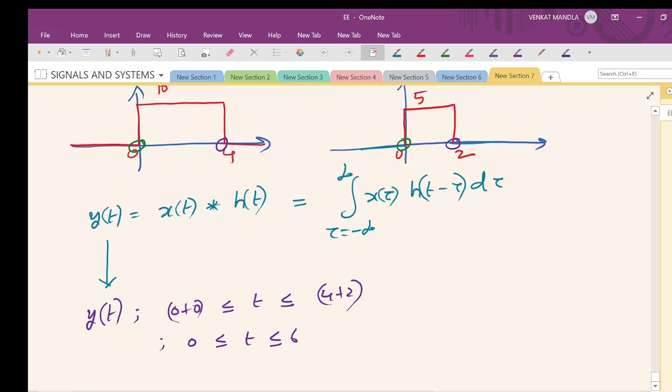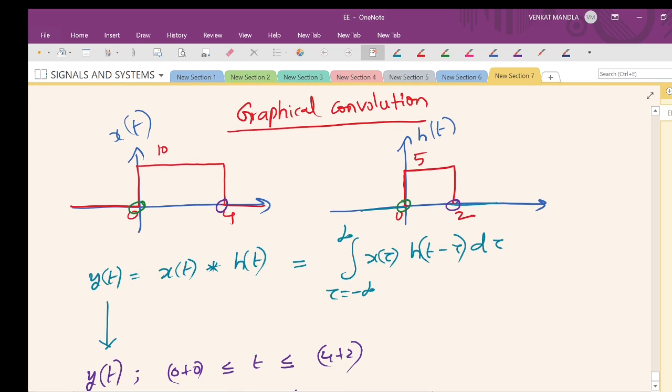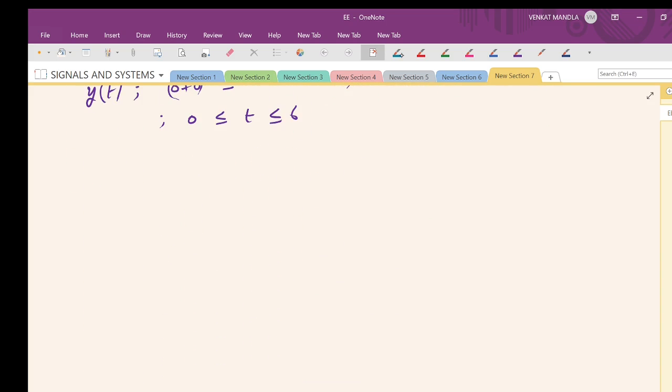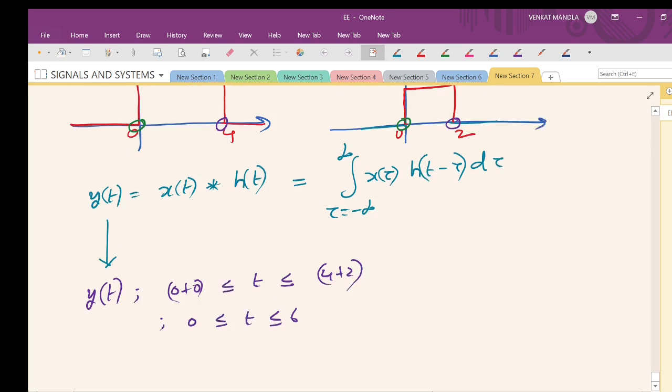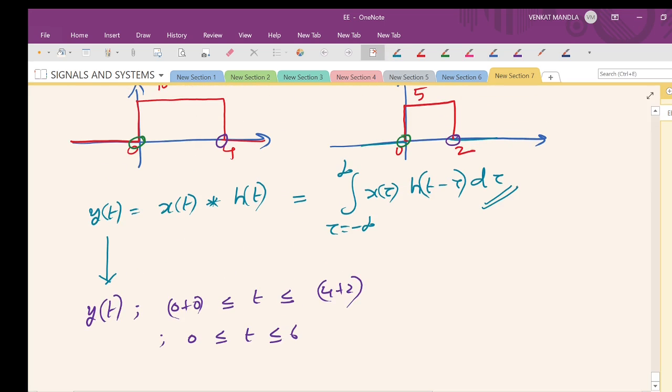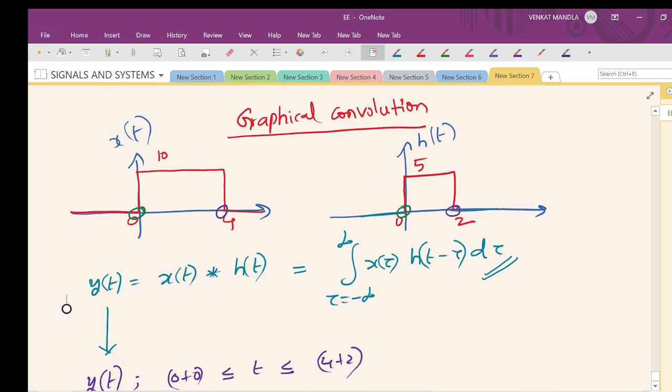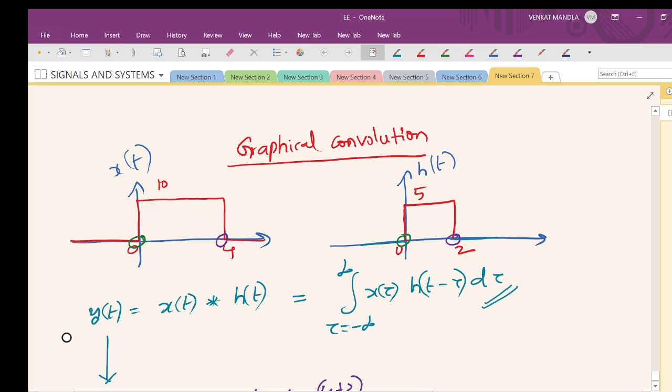So now I want to show the graphical convolution of these two signals. First, in convolution, what exactly are we doing here? We have been given x(t) and h(t).